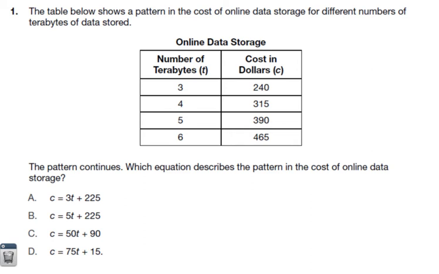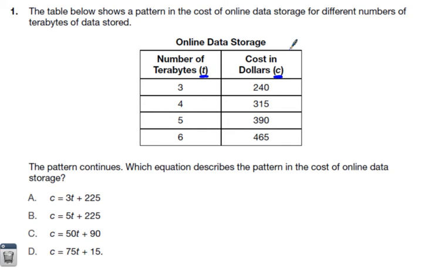Number one gives you a table, and it's very important to realize that they're calling the t variable the number of terabytes, and the c variable represents the cost in dollars. They want you to figure out which equation matches the table.